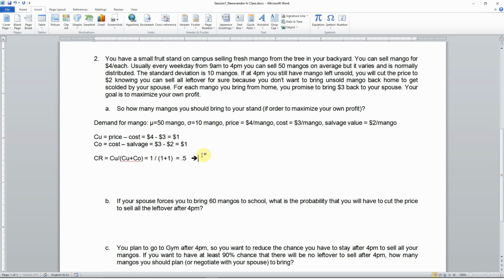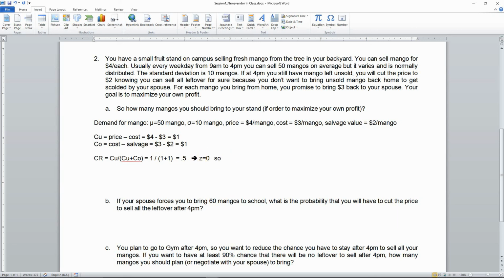If we have a critical ratio of 0.5, that's right there in the middle. A 50% service level means that our Z, our loading factor, has to be 0. I don't even have to look that up. It's right there in the middle because, for a normal distribution, 50% of the area under the curve is exactly where Z is 0. If you wanted to, you could do an inverse normal or look this up, but it's not necessary.